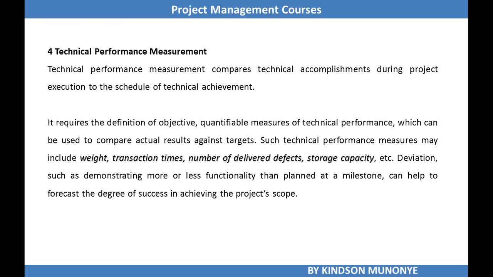Such measures may include weight, transaction times, number of delivered defects, and storage capacity. All these are technical performance measures. Deviations, such as demonstrating more or less functionality than planned at a milestone, can help to forecast the degree of success in achieving the project scope.